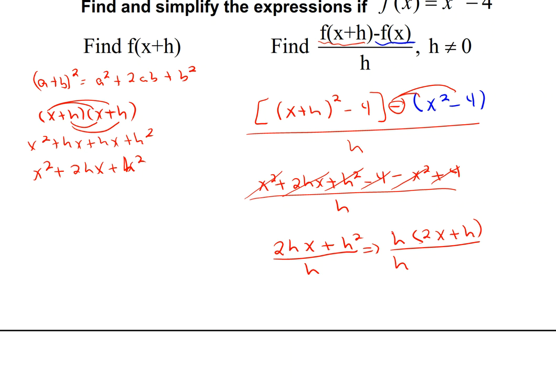And then the h's here would cancel out, and my final answer would be 2x plus h. So again, we substitute in, and then we use our algebra rules to simplify.